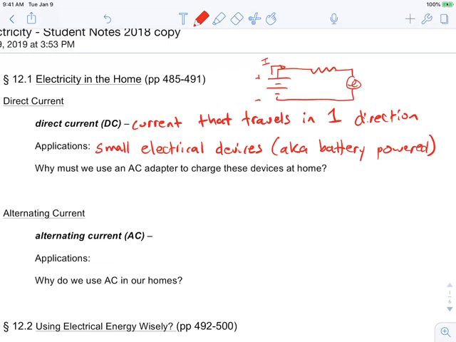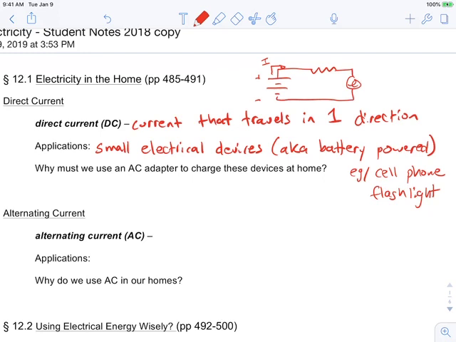So it's current that travels in one direction. A good example of that might be your cell phone or a flashlight. Either of those two things would definitely be using DC current.